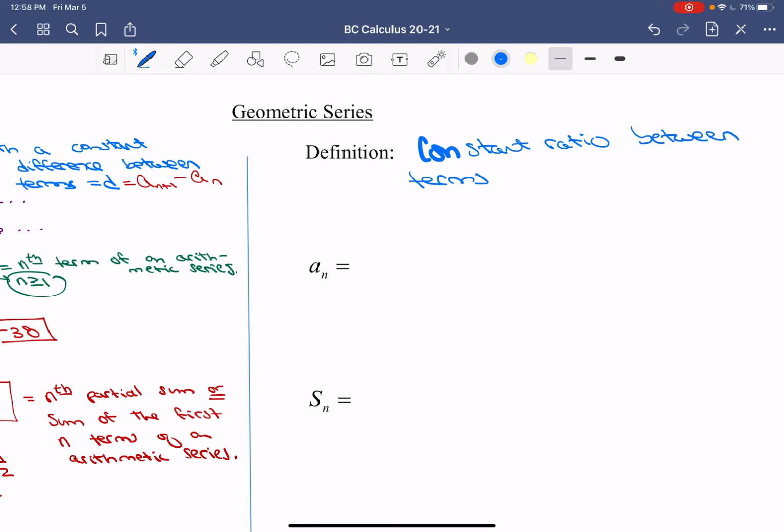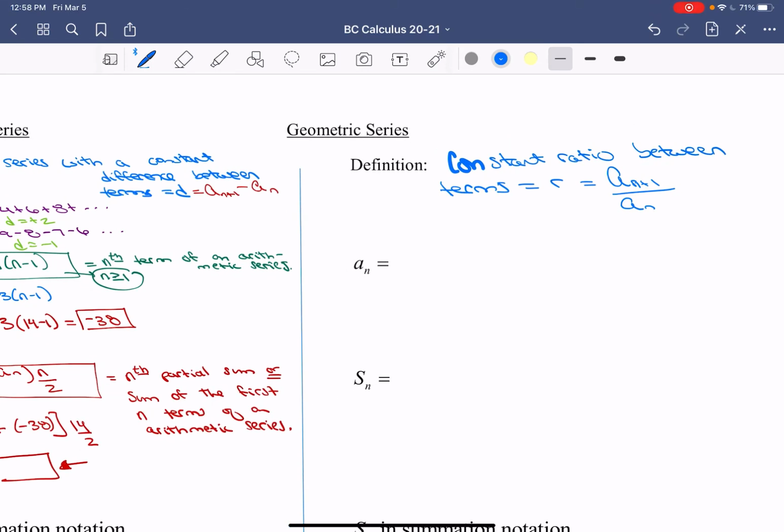And oftentimes that constant ratio is referred to as r. And make sure we all agree, the constant ratio is a sub n plus 1 over a sub n. So make sure you take the latter term divided by the earlier term.